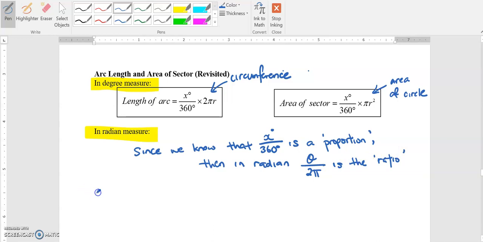So if I let, oops, that's ugly handwriting. Let me write this again.